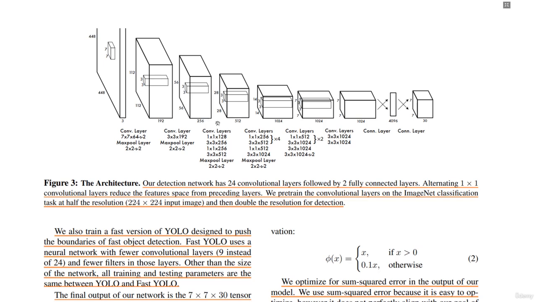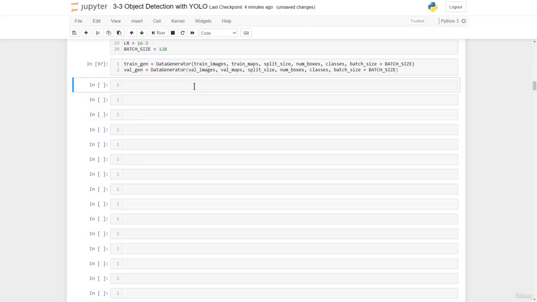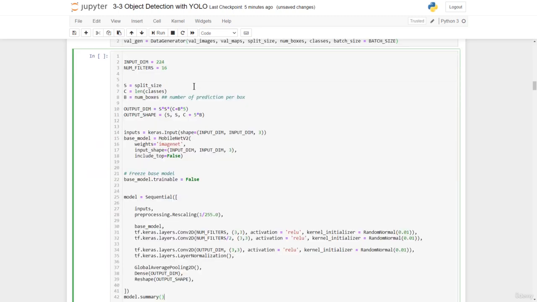But the main idea is that we're going to be trying to build an object detection system for low resource environments.